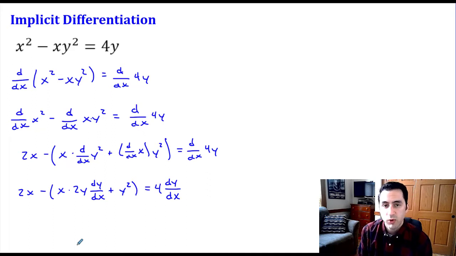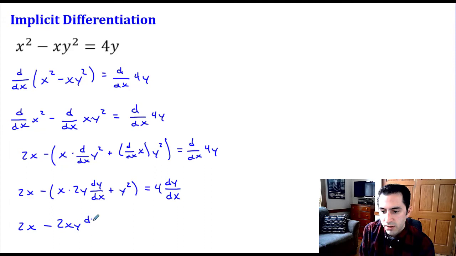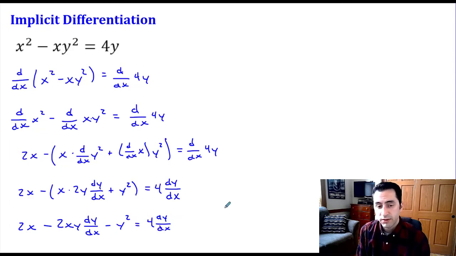The next step is to solve for dy over dx. First, I'm going to distribute this negative sign. So we get 2x minus 2xy times dy over dx, and then minus y squared. I'm going to solve for dy over dx, basically treating it as a variable, so I want to rearrange this equation to isolate it.